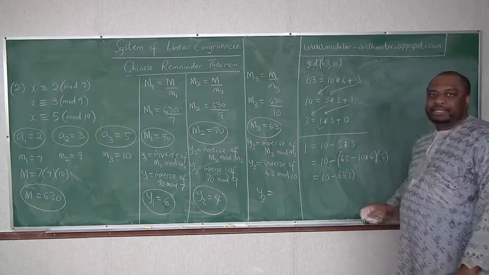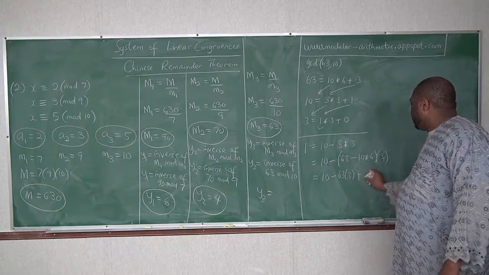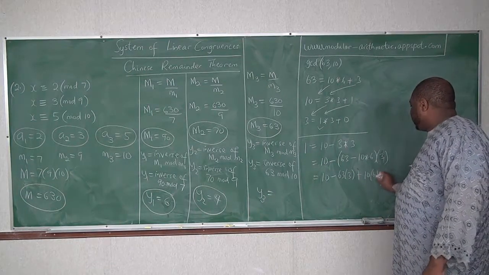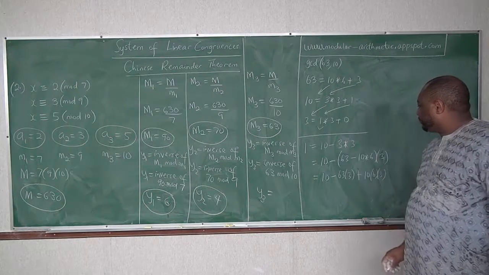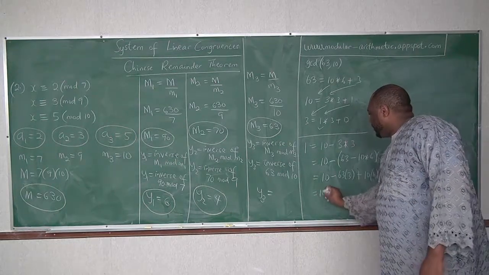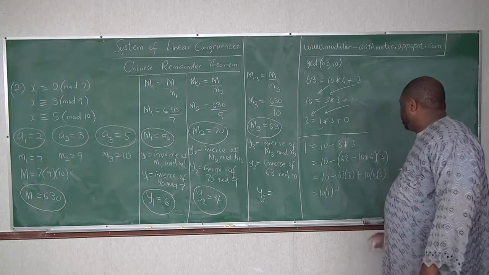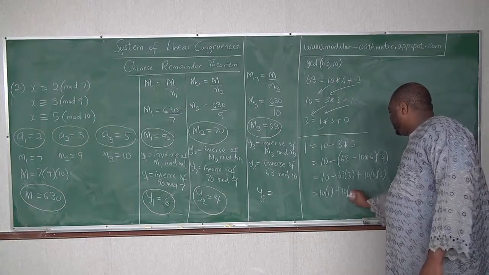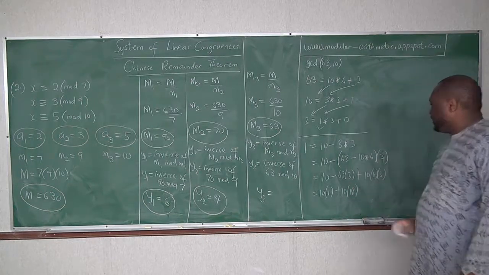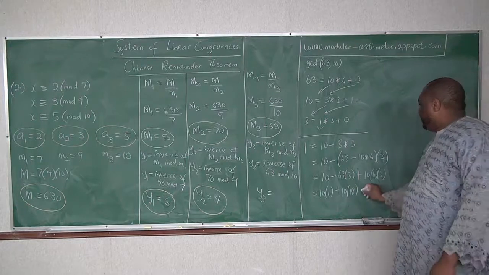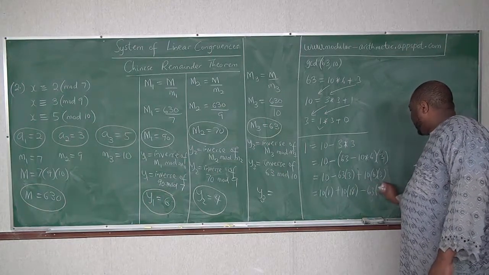Minus times minus is plus. Plus 10 times 6 times 3. So this will be 10 times 1 plus 10 times 18, minus 63 times 3.